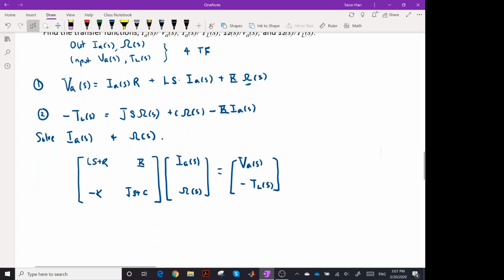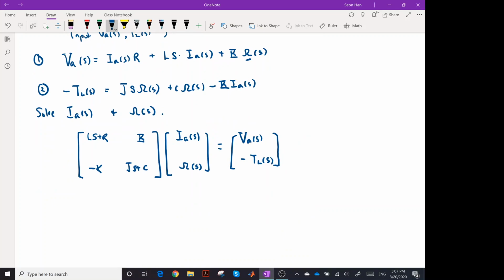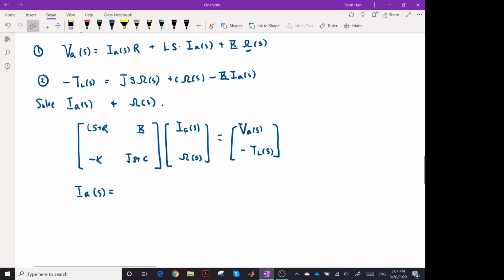Once I put it in the matrix form, my current is a big fraction. In the denominator will be the determinant of the coefficient matrix.